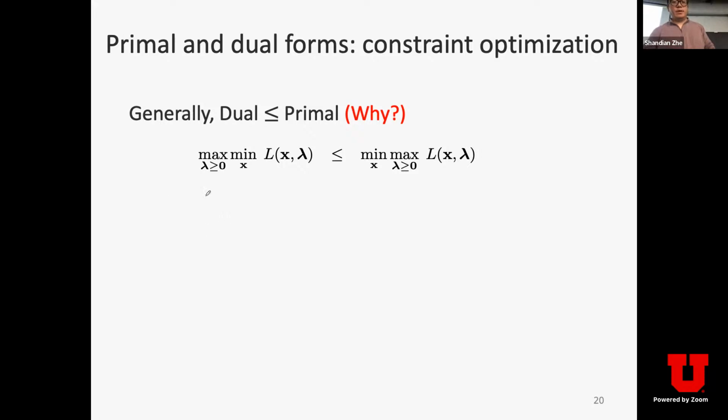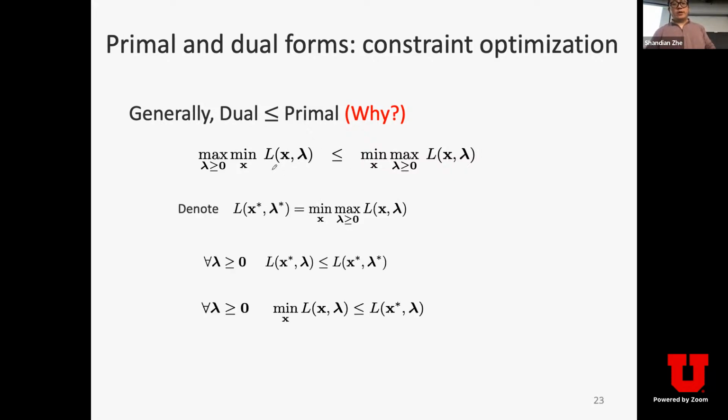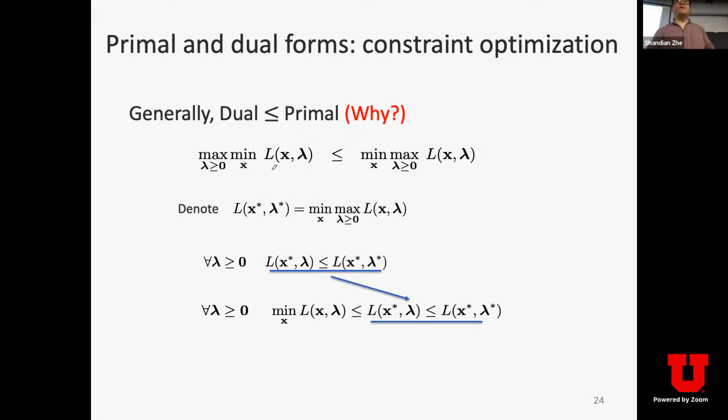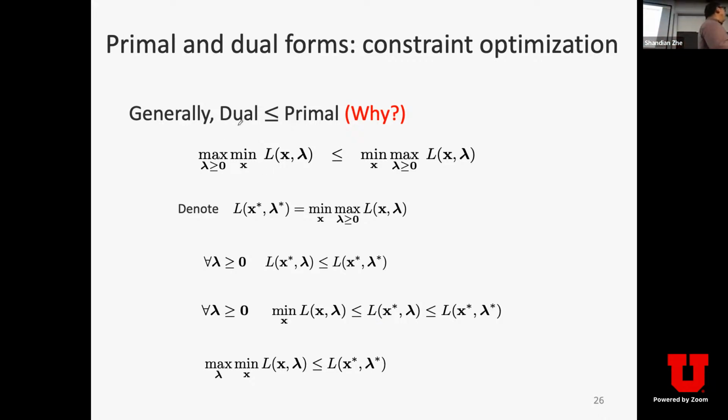And this is a mathematical equation which expresses the conclusion I just said. There are a bunch of derivations, it's really simple. I'm not going to go through the details. It's just for your reference if you want to know why. In general, the optimum of the dual is less than or equal to the optimum of the primal.